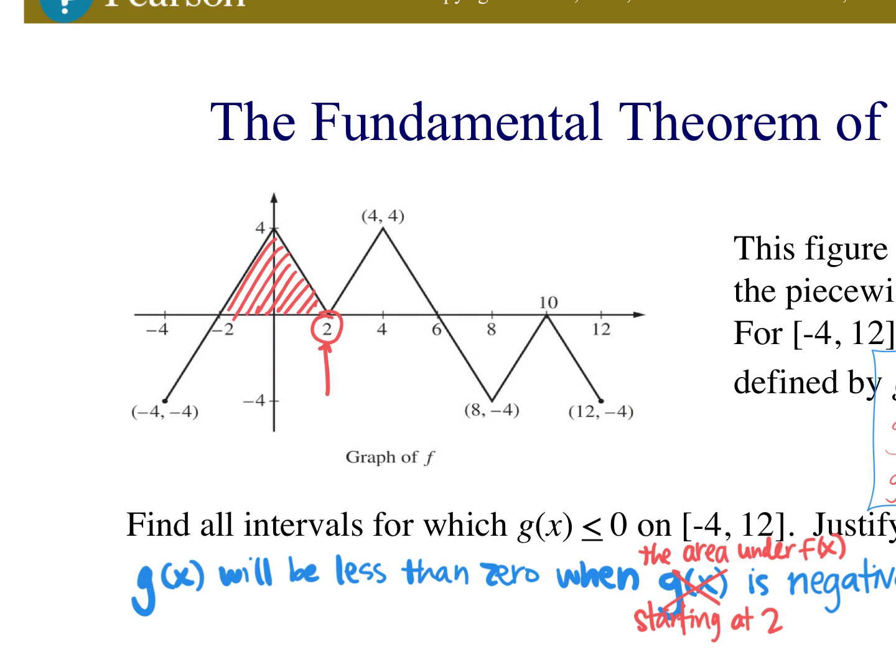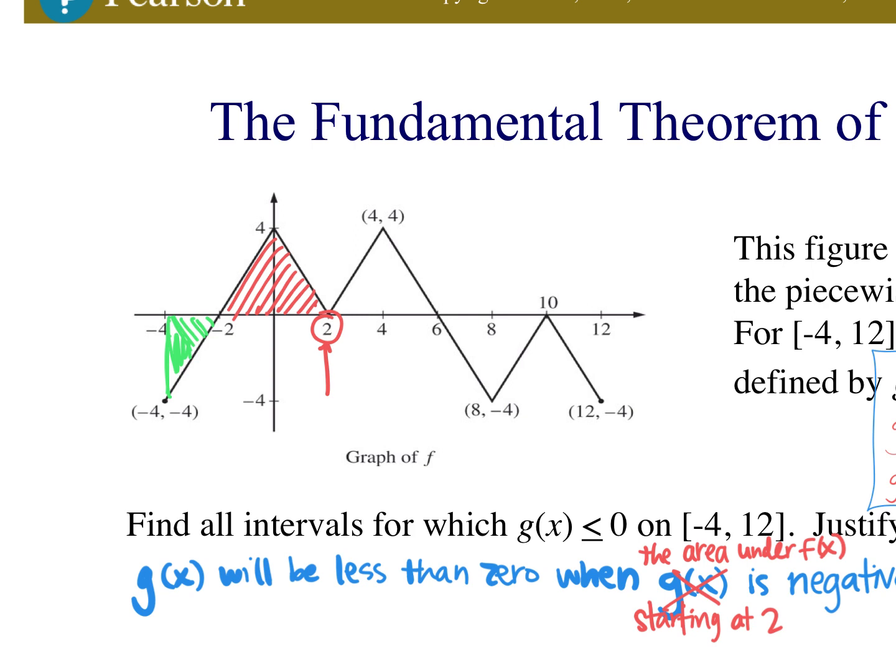When does it switch to being positive area? Down here. Now, is there enough positive green area to wipe out the negative area, shape-wise?